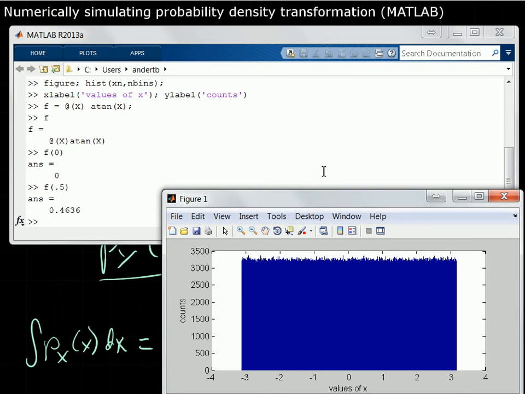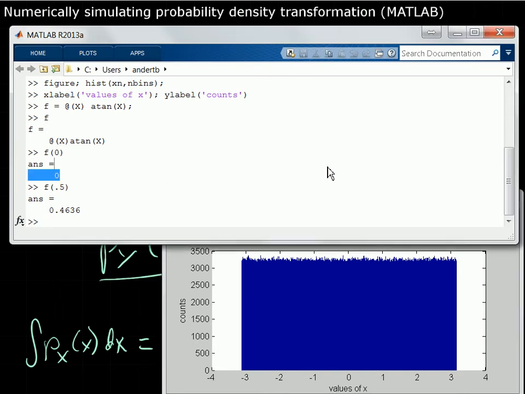If I go back up to my terminal, I'm going to use this histogram function again, but I'm going to make a call to it in a different way. I'm actually going to extract some output terms.